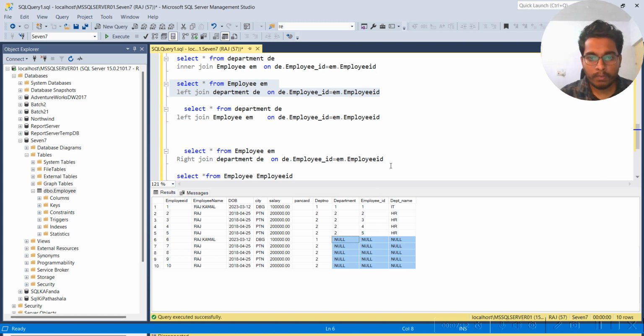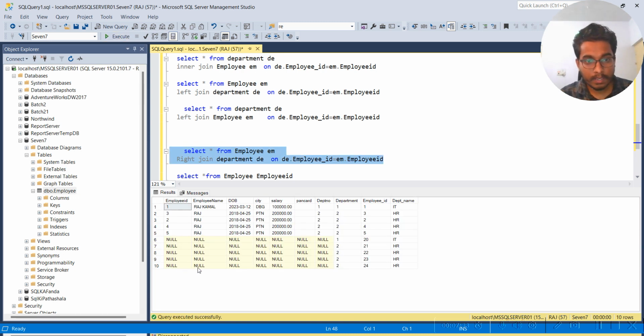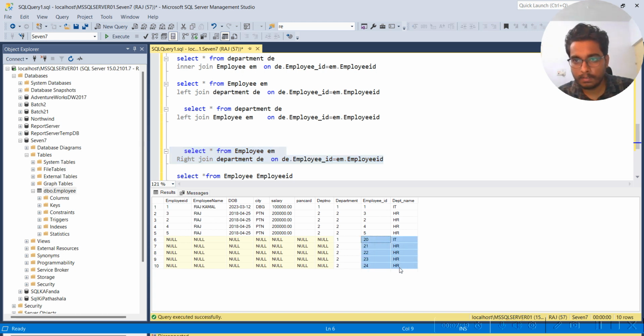In case of right join, the reverse is going to happen. All the rows from the department table we are going to get irrespective of matching or not matching, but for employee data we are going to get null values for non-matching employee ID, and you can clearly see that we are getting null values for employee ID apart from 5. For 6, 7, 8, 9, 10 we are getting nulls, and the employee ID we are getting in the right table is this.